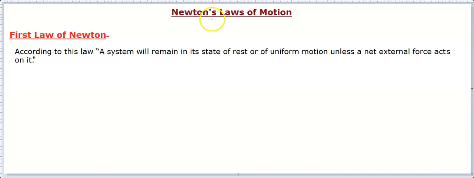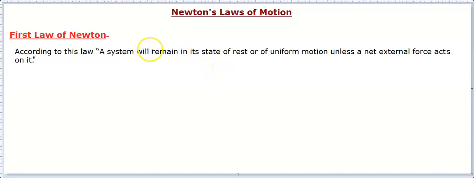We are going to revise those laws in detail, and then we'll start using those laws to solve problems, because in examinations they won't ask you the definition or statements of Newton's first and second laws. Yes, what will be asked are questions based on them, or the interpretation of these laws.